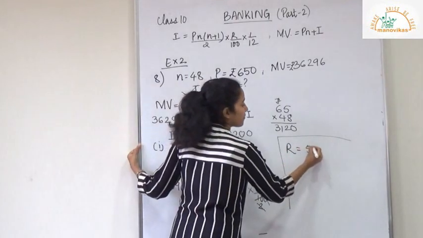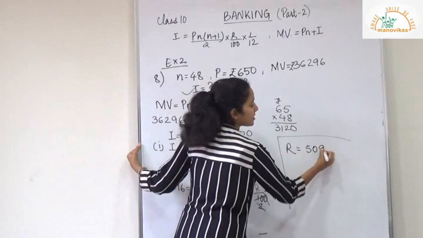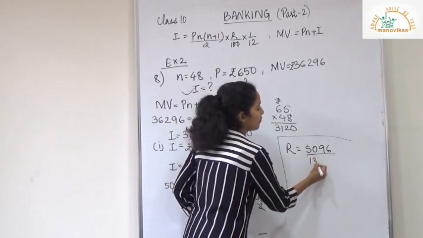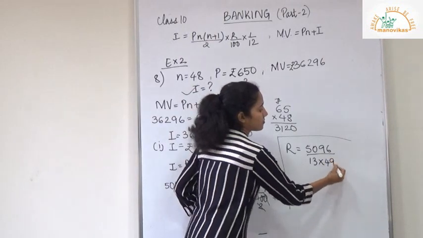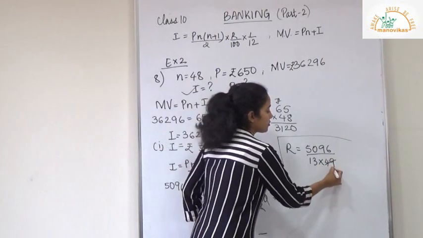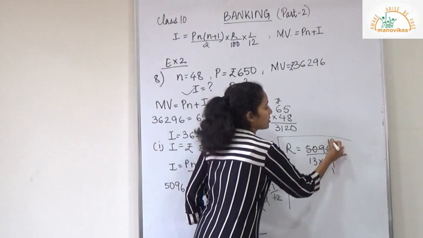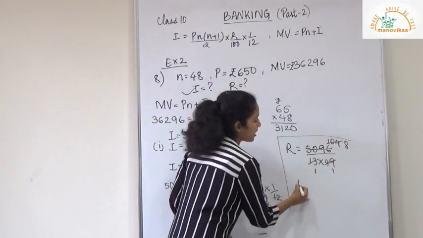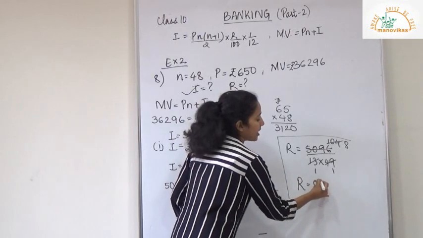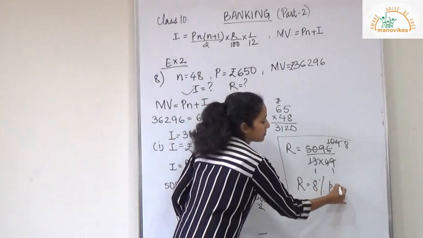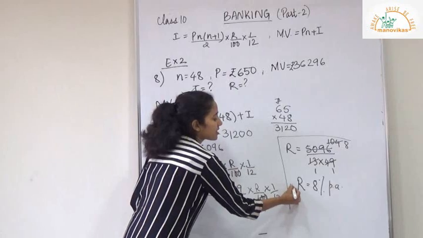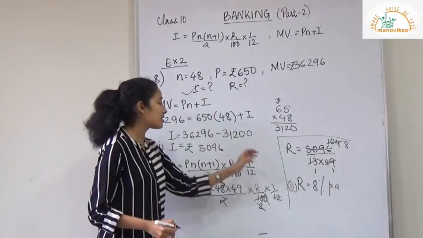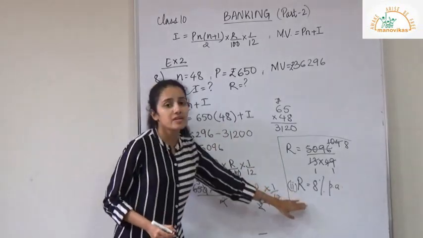So therefore r will be 5096 divided by 13 into 49. So 49 into 1, 49 into 104 and 13 1 to 8. So therefore r is equal to 8% per annum. So this is the rate, that is the second part. So we use both the formulas to calculate the interest and the rate.